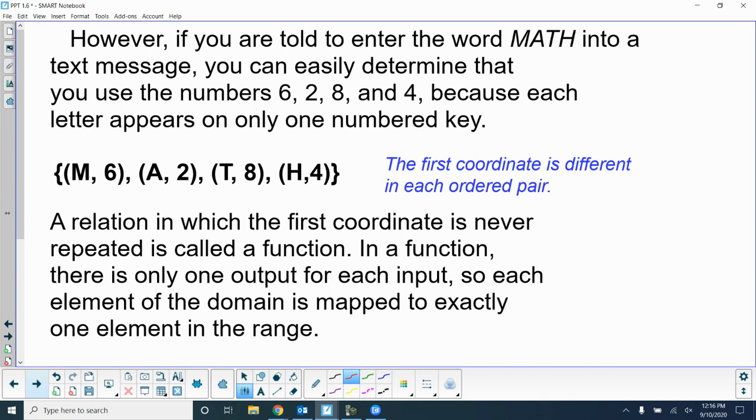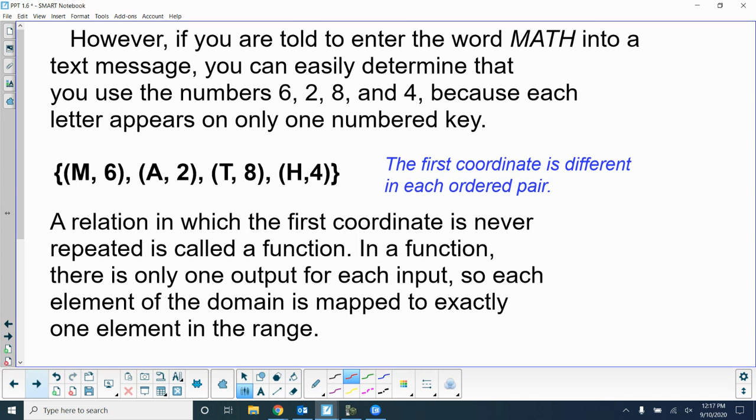So we have a set of ordered pairs here. We have a relation here, right? It says a relation in which the first coordinate, the x value, is never repeated is called a function. So in this relation, none of the x values were repeated, so that's a function, a type of relation. Right?